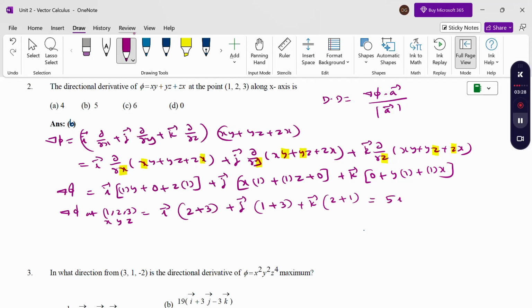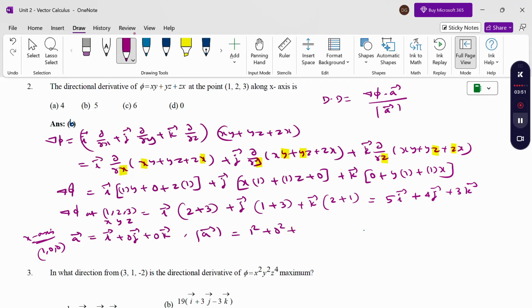Therefore 5i vector, 4j vector, 3k vector. Then a vector is the x axis. X axis means only i vector, (1, 0, 0). Therefore i vector plus 0 j vector plus 0 k vector. Therefore modulus of a is the square root of 1 square, 0 square, 0 square, equal to 1.